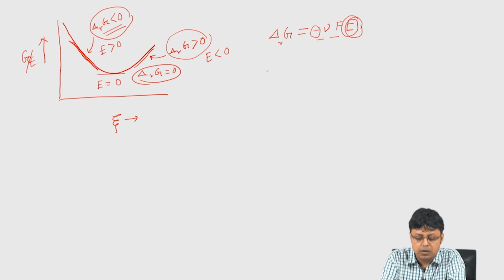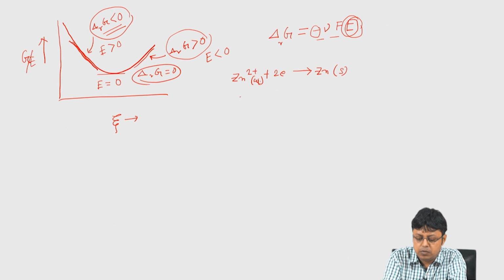Now, suppose we have the same example. We can write, once again, zinc 2 plus going to zinc, and we will write it very specifically, and then we have copper 2 plus in aqueous solution getting reduced to copper.